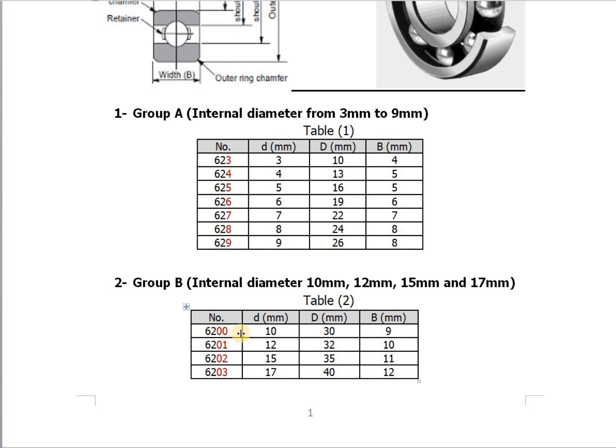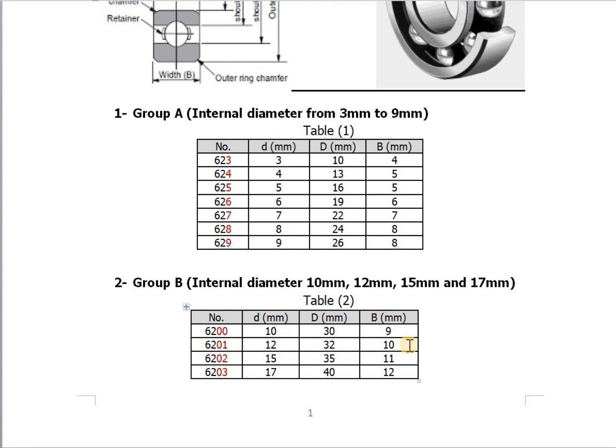Also, we follow the same procedure: we get the internal diameter from the row, the outside diameter from the row of the internal diameter, and the width as well.